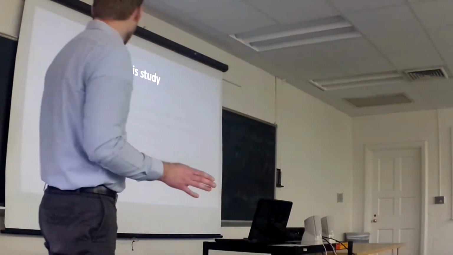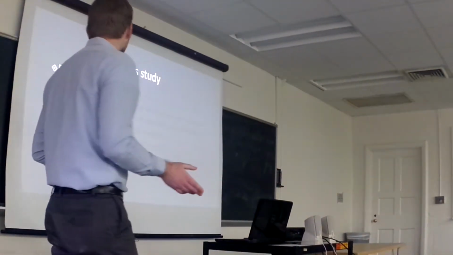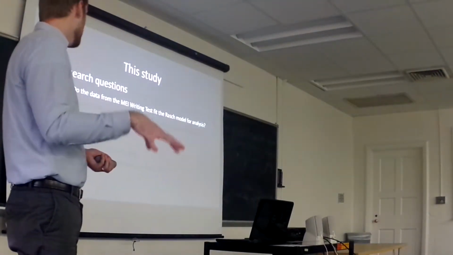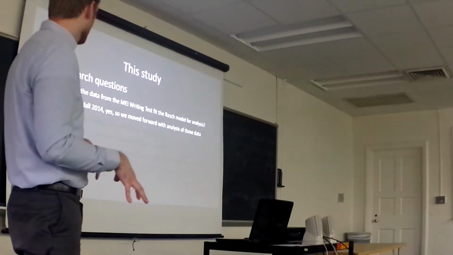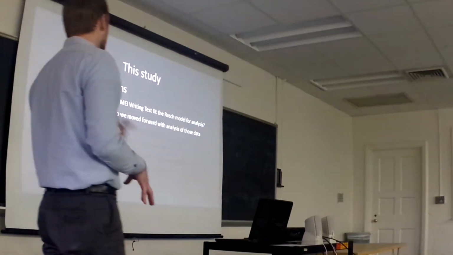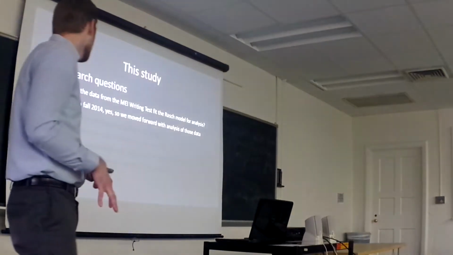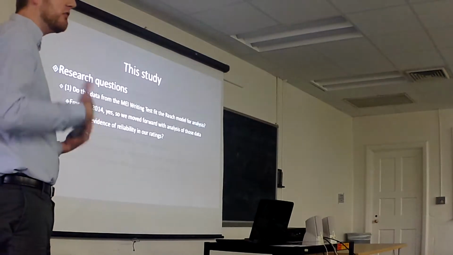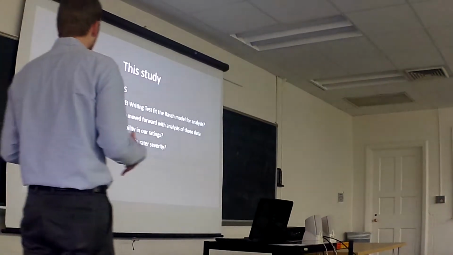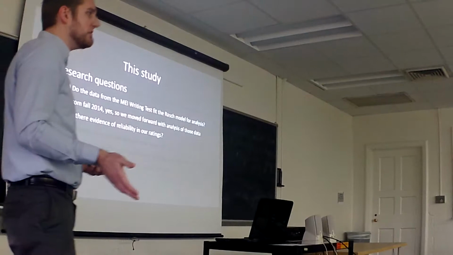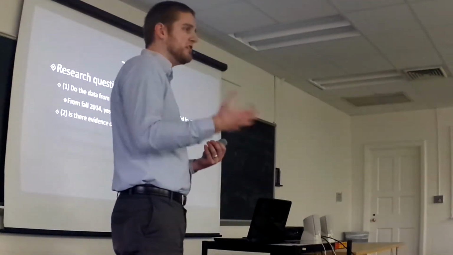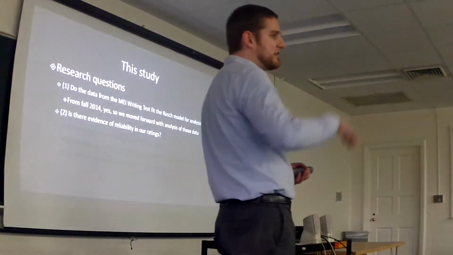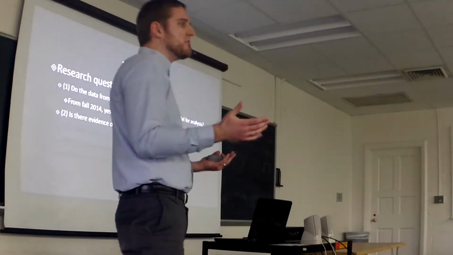So for this study, it was a fairly informal study. My research questions were: first, do the data from the writing test fit the Rasch model for the analysis? From the fall of 2014, it did, so we'll move forward with the analysis of those data. Secondly, is there evidence of reliability in our ratings? The reliability statistic that it gives is within yourself. So do you give consistently lenient or severe ratings, or somewhere in the middle?